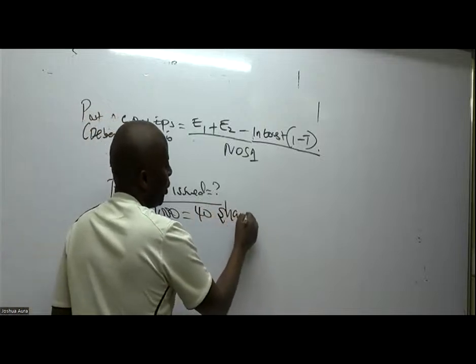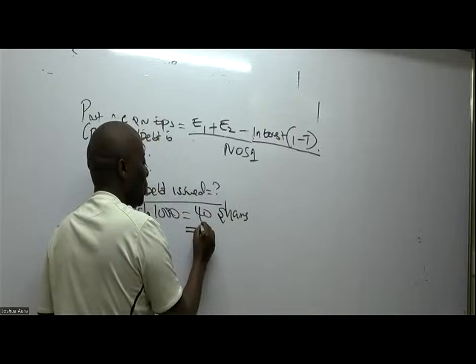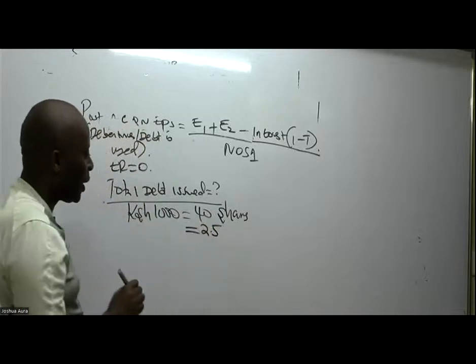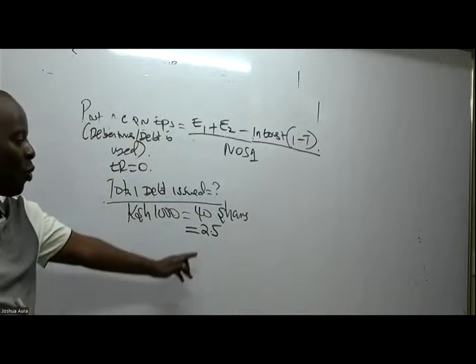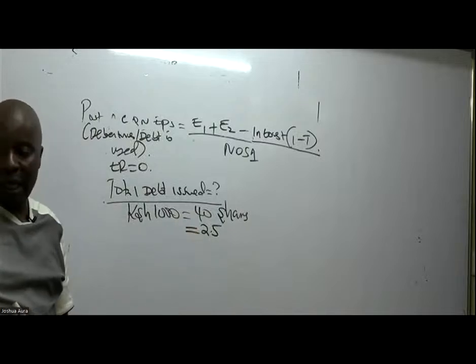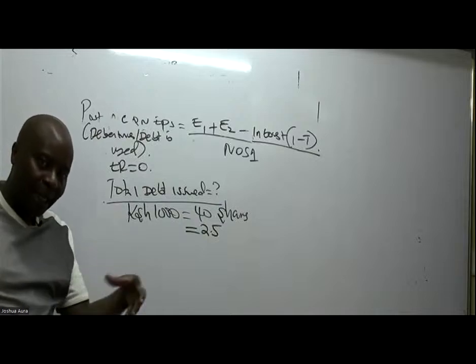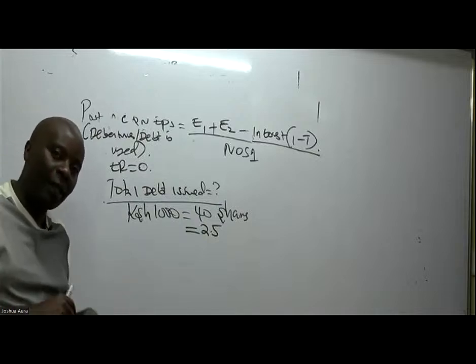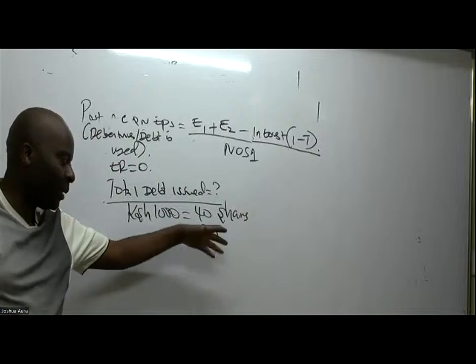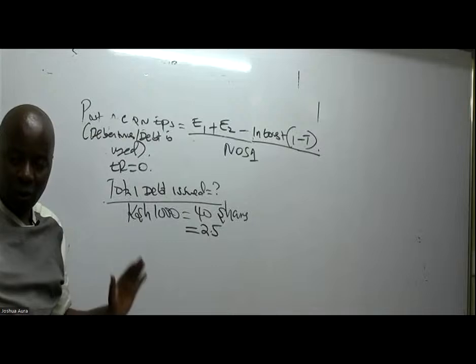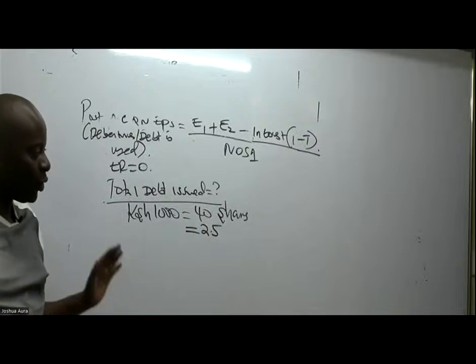So remember, this is a complete acquisition. We are asking ourselves, how much debt shall we give when we acquire 2.5 million shares of the targeted company? Remember, it is the targeted company that is being acquired. I know this is millions, but just leave the millions away. So 2.5.